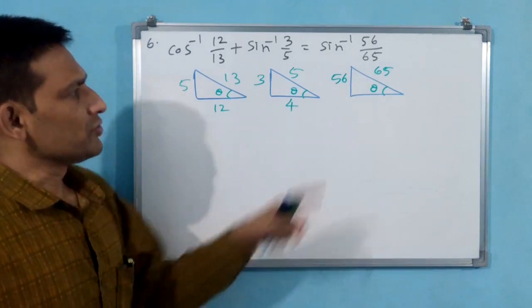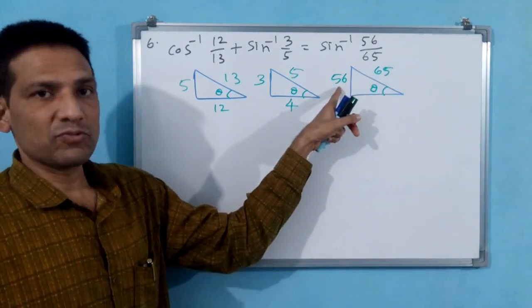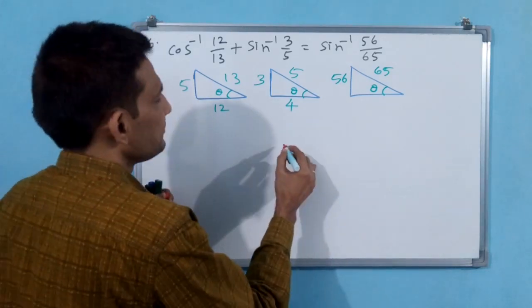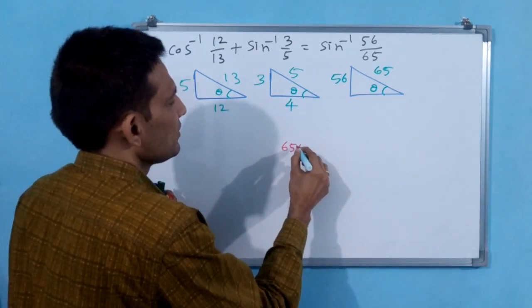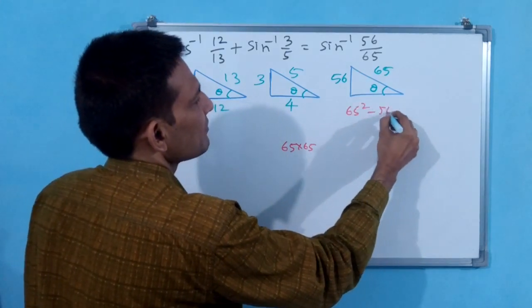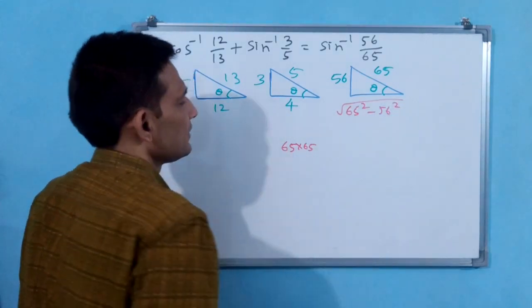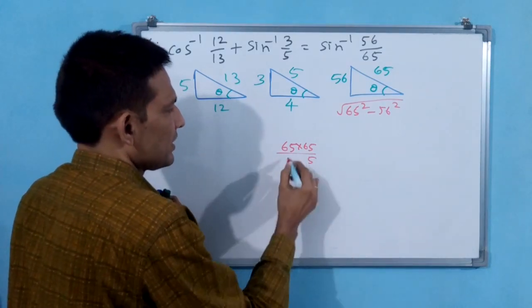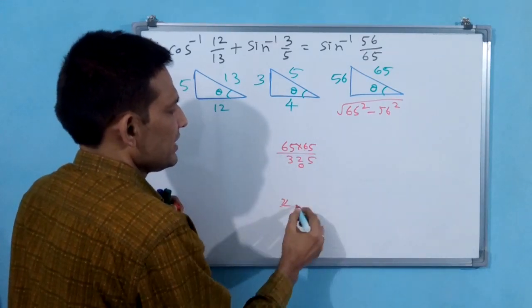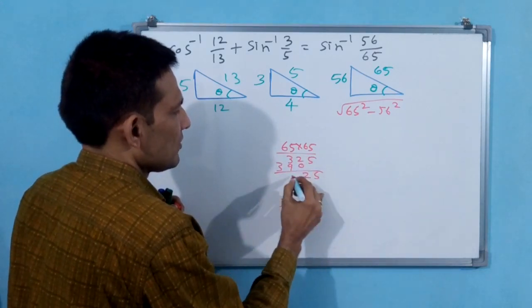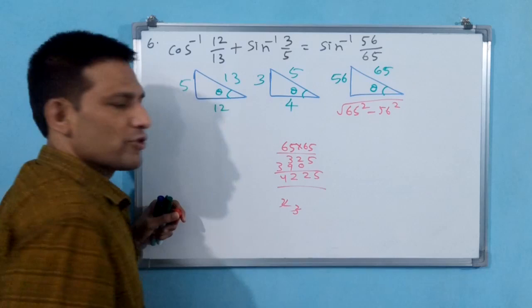That is not a big thing. Okay? 65 square minus 56 square under root is equal to this one. Okay, write the calculation. 65 into 65, that means 65 square minus 56 square under root. 5 5s are 25, 30, 36, 39, 42, 25 will come.